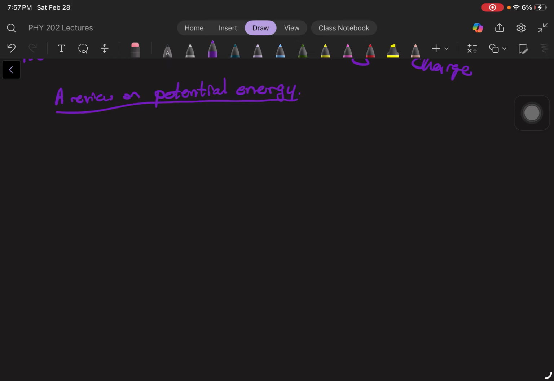All right, before we start talking about that, let's talk about kinetic energy. We could have K equal to 1/2 mv squared.